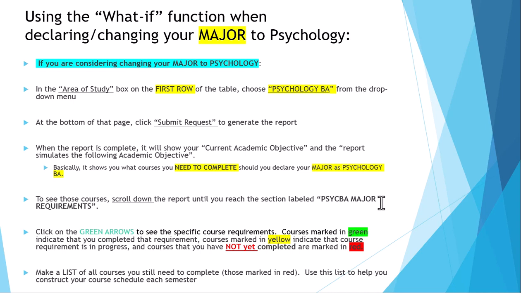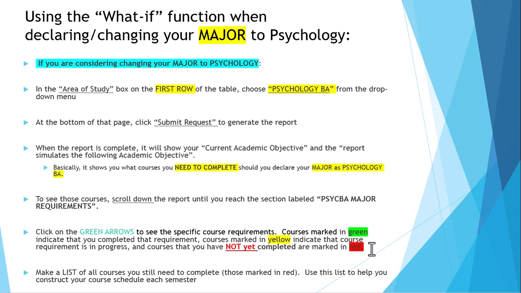In this section, it's going to show you the psychology major requirements that you've already completed, which are marked in green. The ones that are currently in progress will be marked in yellow. The ones that you need to take note of are the courses that you still have not yet completed, which are the sections marked in red.